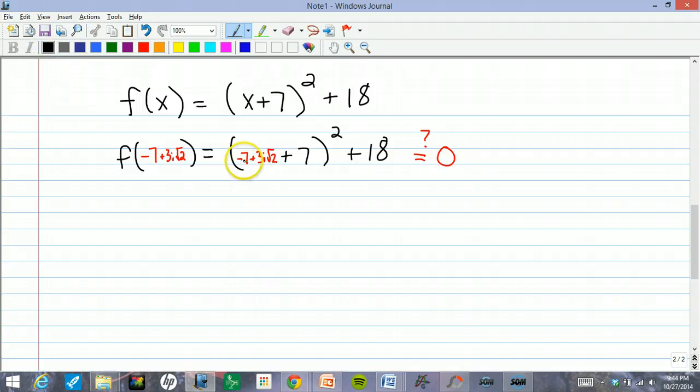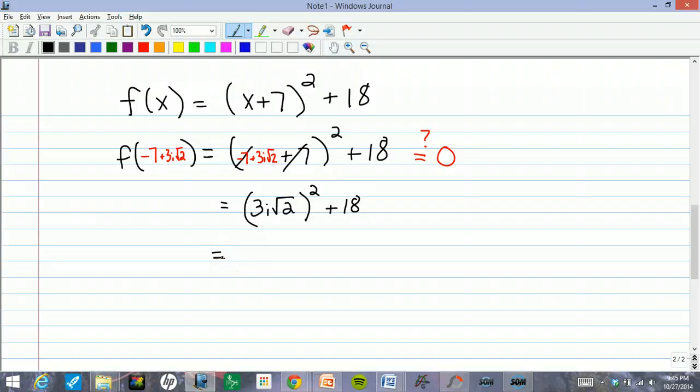Alright, so order of operations, start within our parentheses, -7 and +7 make 0. So one thing at a time. I have still 3 times i times the square root of 2, which needs to be squared. Then add 18. Properties of exponents here.